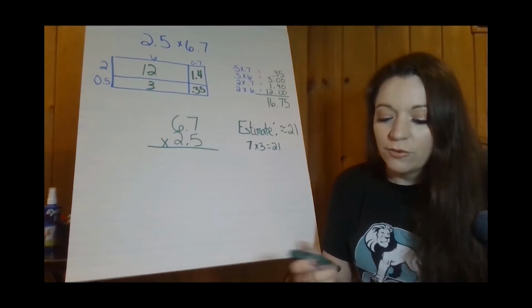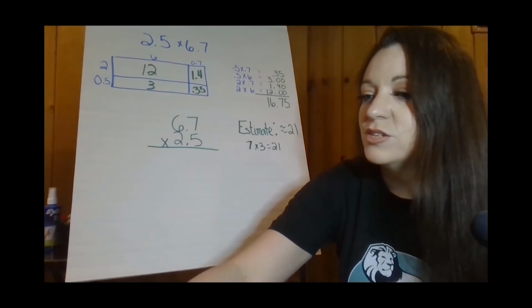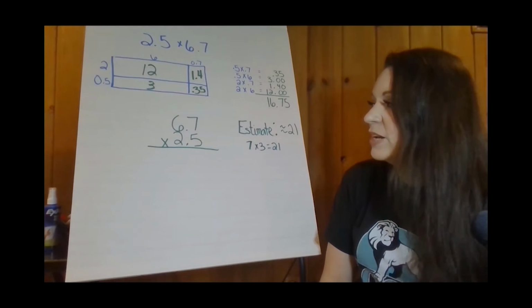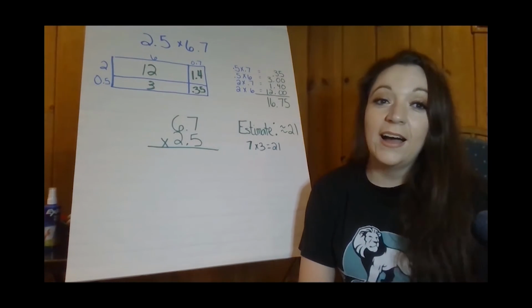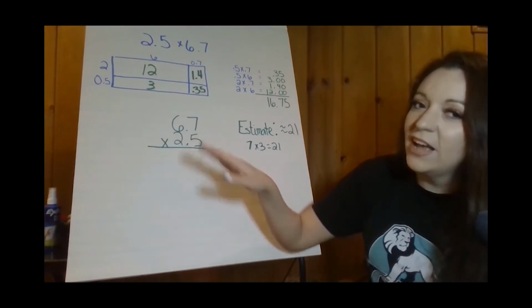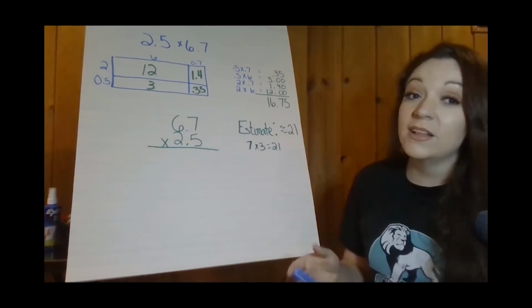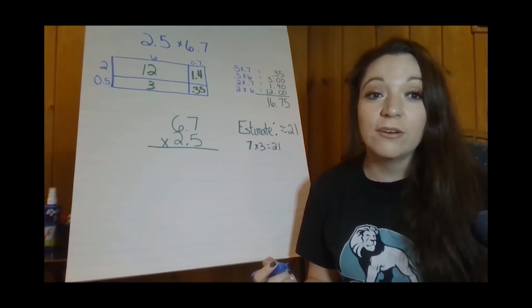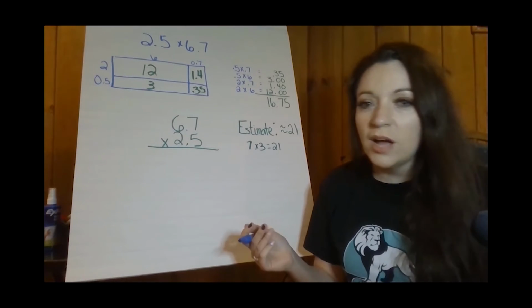Okay, so one thing you can also do when you're multiplying decimals using the algorithm is just to think of each number as a digit rather than 5/10, 7/10, and then using this estimate, like I said, to help you place that decimal point. So if you know the steps of the algorithm really well, you're going to do awesome.